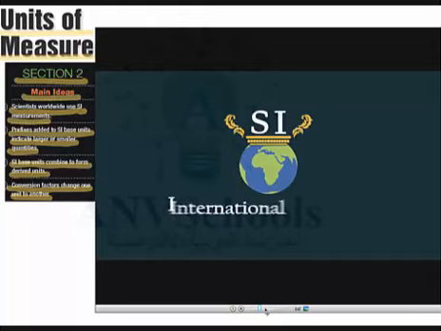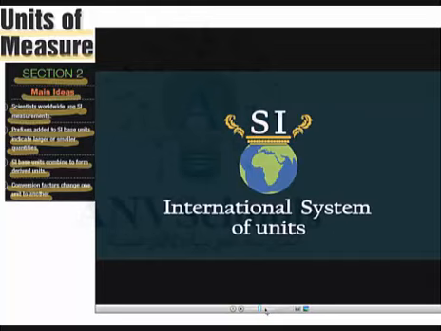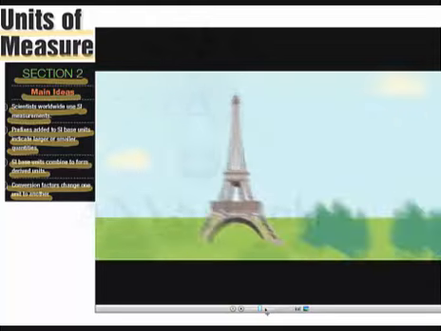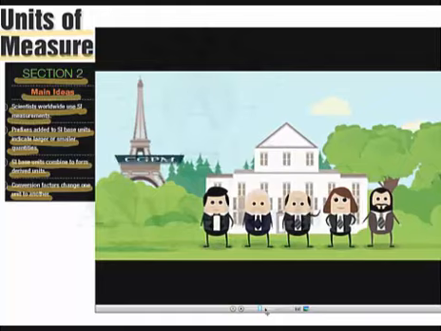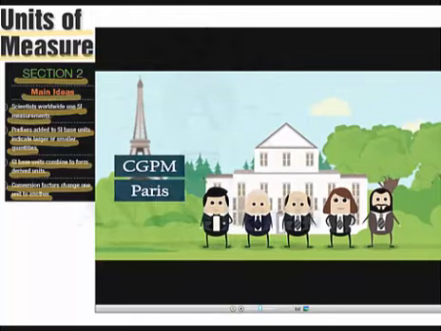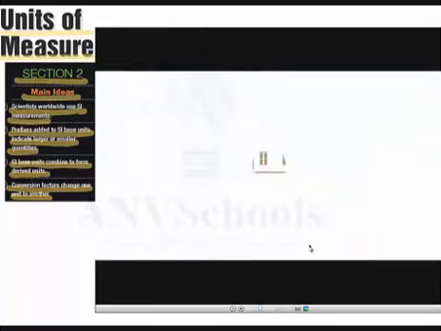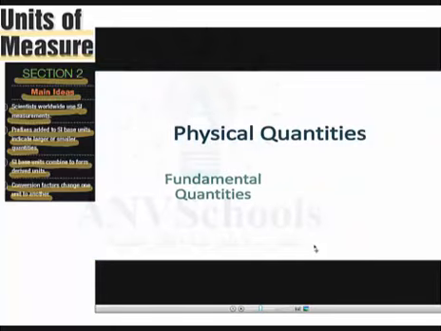So this is the SI system of units. I mean SI unit. This was established in Paris in 1960. That is when this was started.